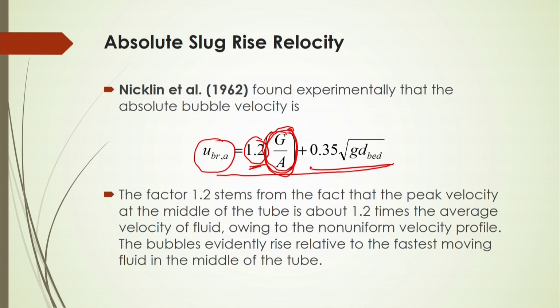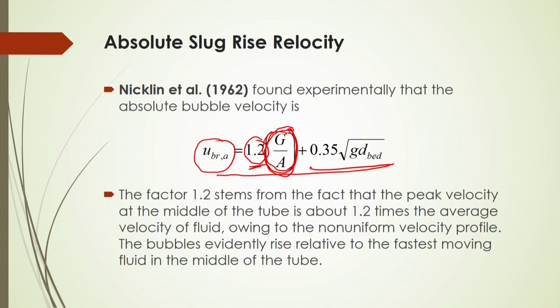Now, the factor 1.2 stems from the fact that the peak velocity at the middle of the tube is about 1.2 times the average velocity of the fluid. Very interesting, why this 1.2 factor is coming.